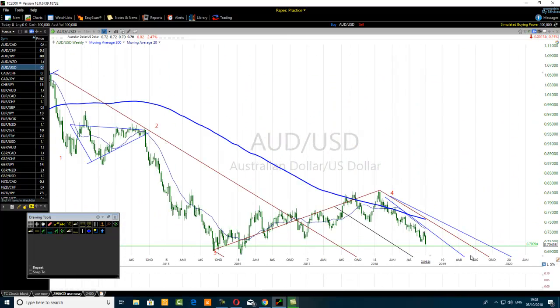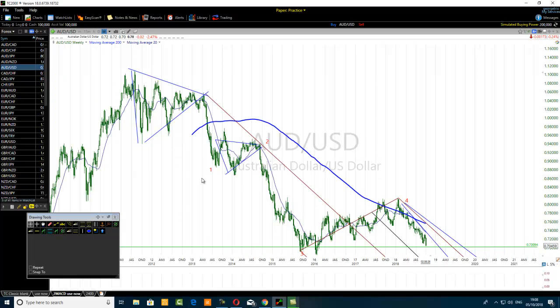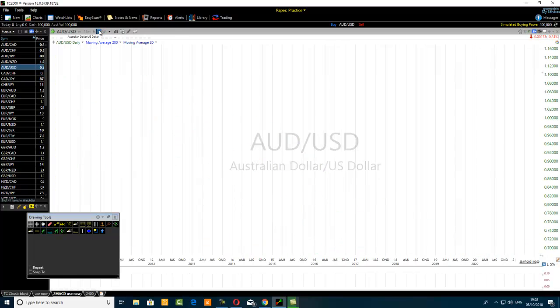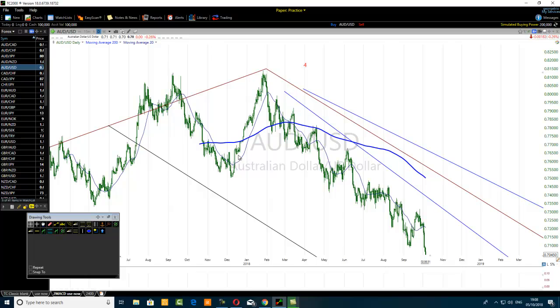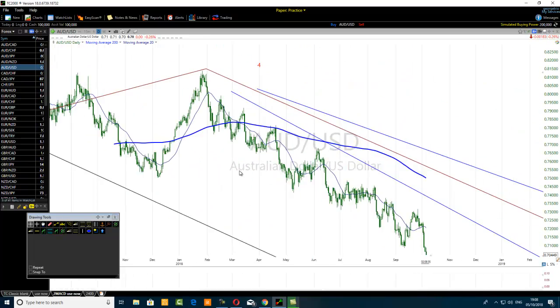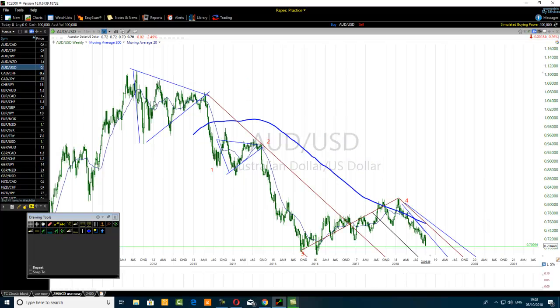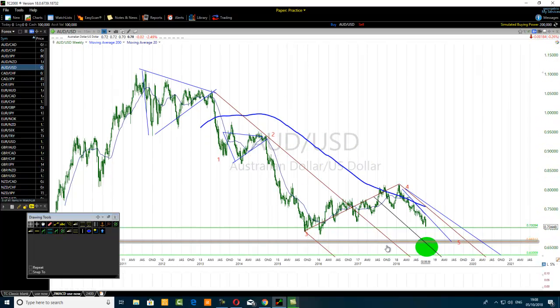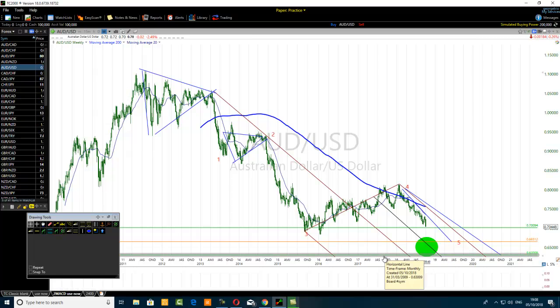Somewhere here it is. It's not showing on the daily chart. Okay. Well, so we're just looking for a trading setup on or near that level of 0.7009.